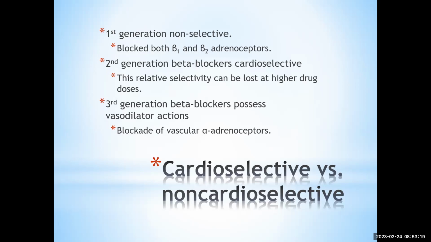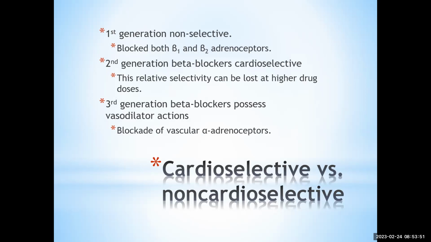So some beta blockers are non-selective. They block both beta-1 and beta-2 adrenergic receptors. Typically, those beta blockers will begin with letters going usually from A to about L. Second generation beta blockers are cardioselective.